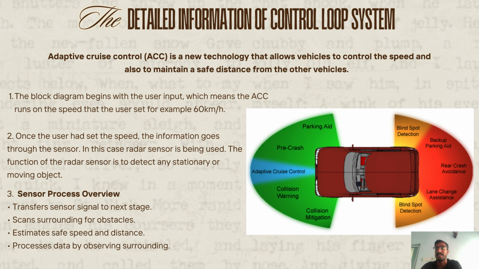So once the radar sensor detects any object, the data will be transferred to the next part to scan any obstacles in front of the vehicle. By doing that, the system knows and can estimate a specific speed and distance. This process is called the sensor process.